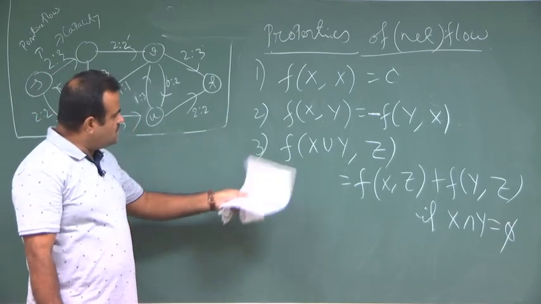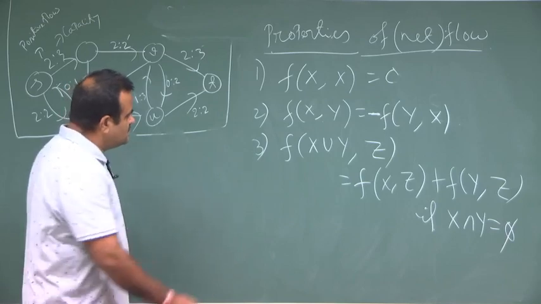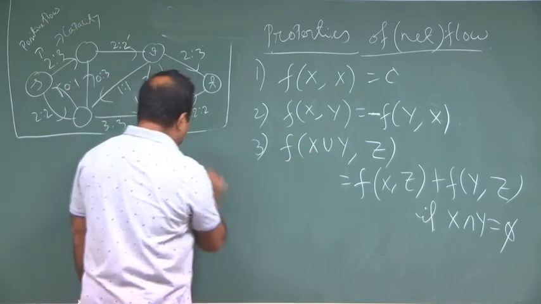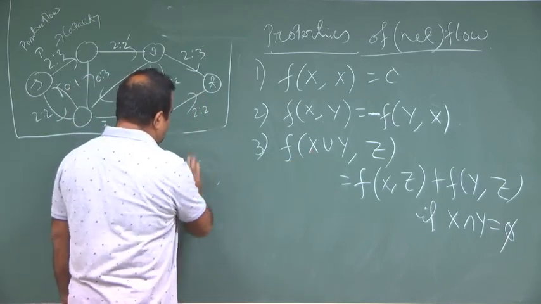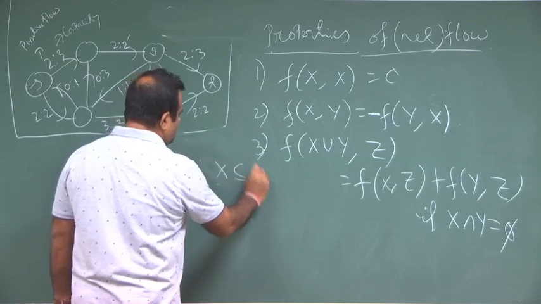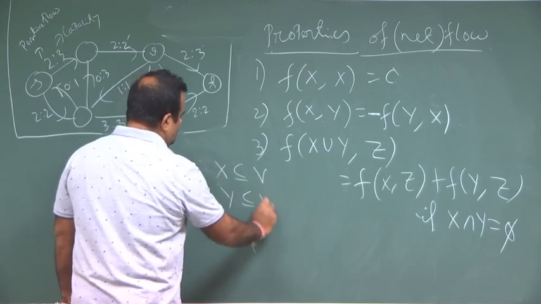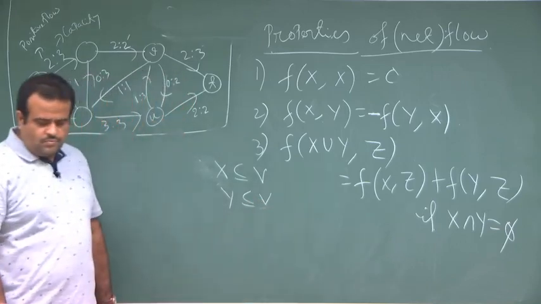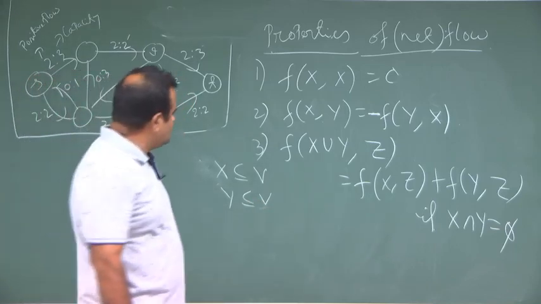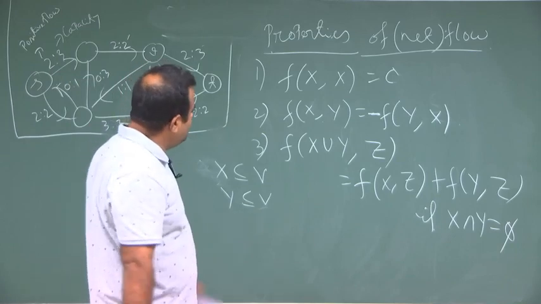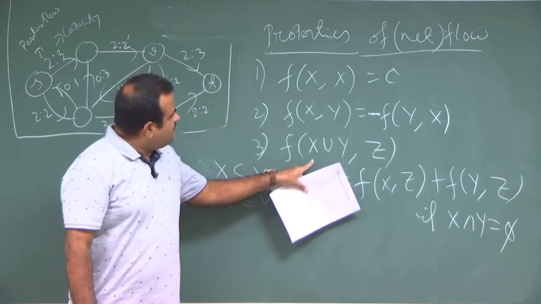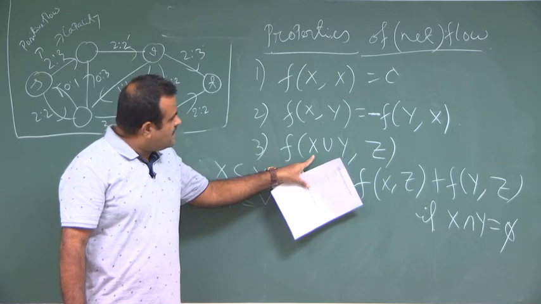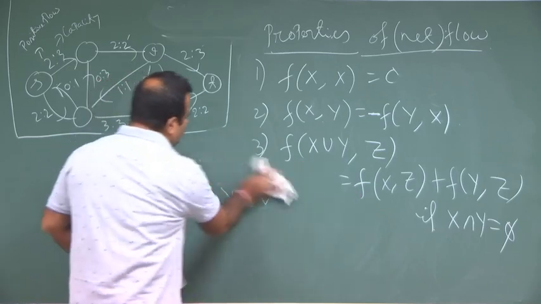How do we prove this third property? Here x and y are all subsets of V. If we have disjoint subsets, we just take the sum.